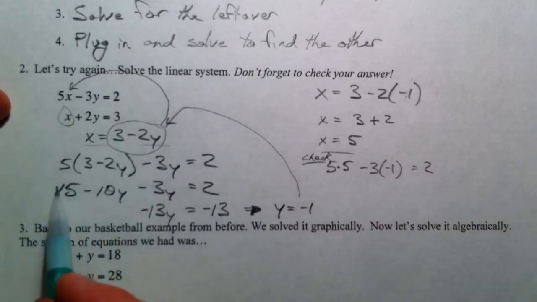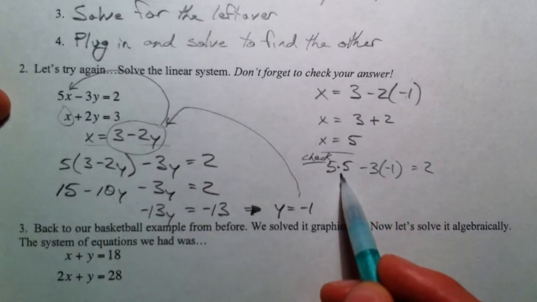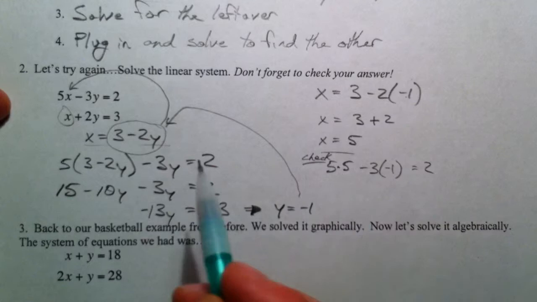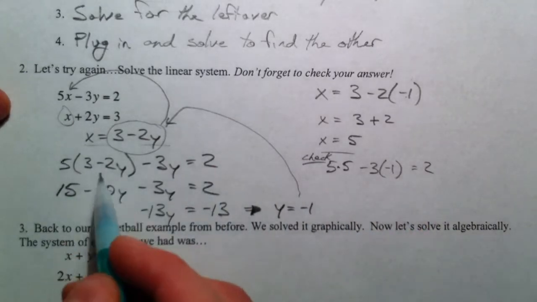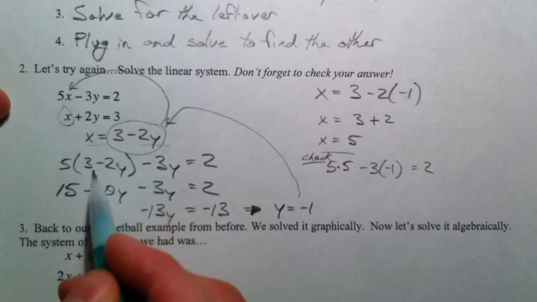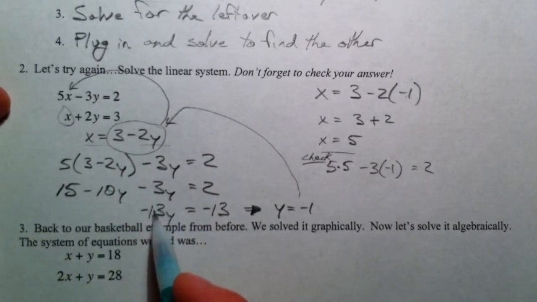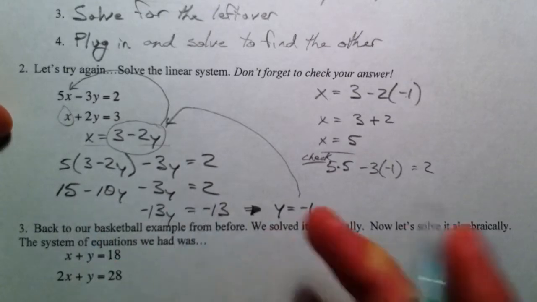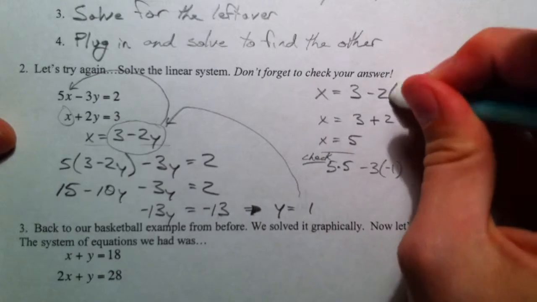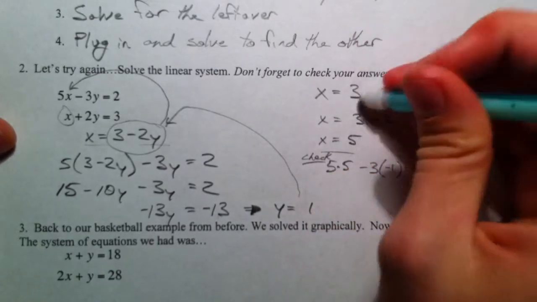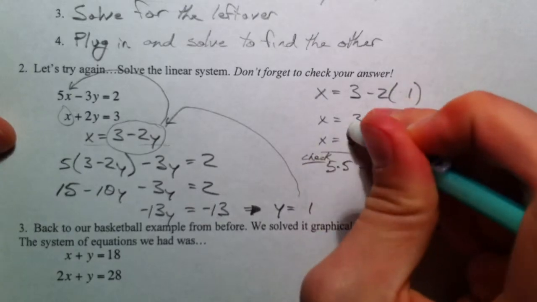Something's not right here. 3 minus 2, so 15, minus 10y, minus 3, 13, subtract, y equals positive 1. There's the problem. So y equals positive 1, and so we get 3 minus 2, x equals 1.